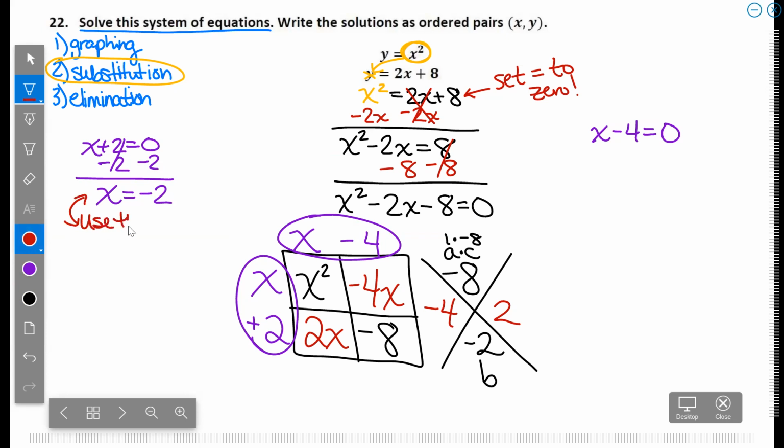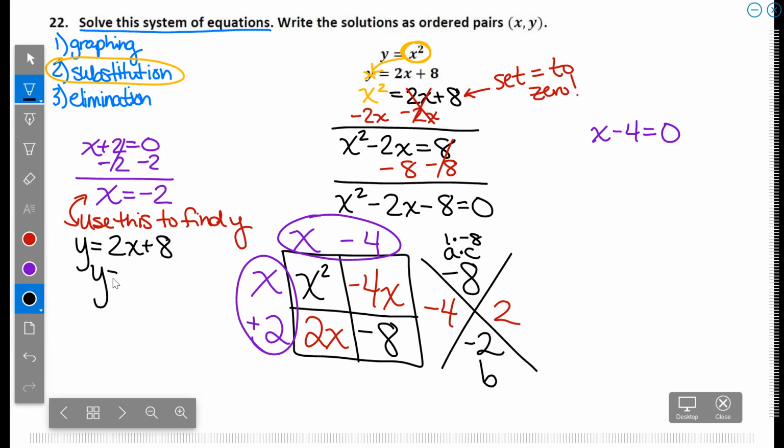Use this to find y. So I'm going to go back to my original two equations. I'm going to pick one of them. Are you guys okay if we pick the 2x plus 8? What do I want to put in the place of the x here?